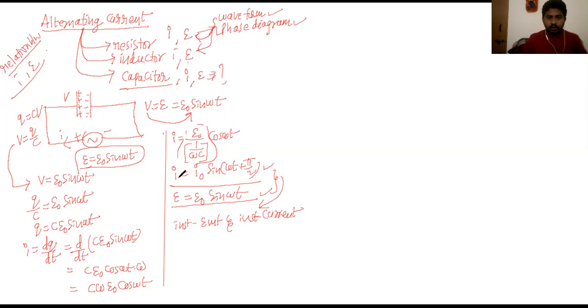Very good. Let us compare these two, I and E values. I is I naught sine omega t plus pi by 2. So is there any phase difference here? The phase difference is pi by 2. Carefully see, there is a phase difference. So when there is a phase difference, the I and E waveforms are not starting at the same point. 100% they are not starting at the same point.